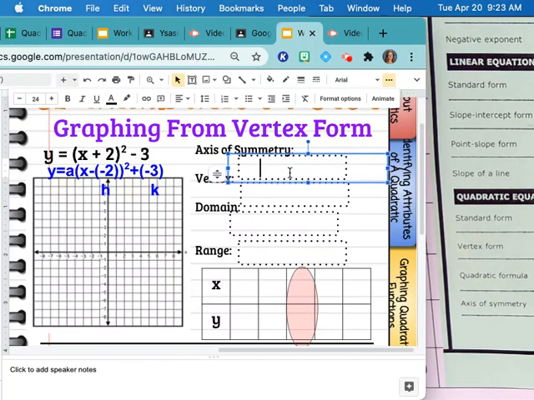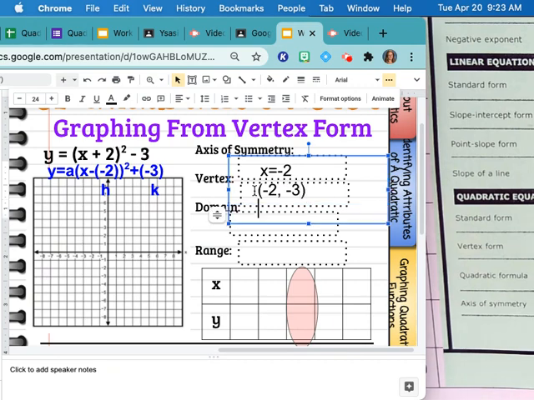Okay, how do we get the axis of symmetry? Where does that come from? The h. So it'll be x equals negative 2. And then we need to go ahead and write the vertex, h, k. So this will be negative 2, negative 3.